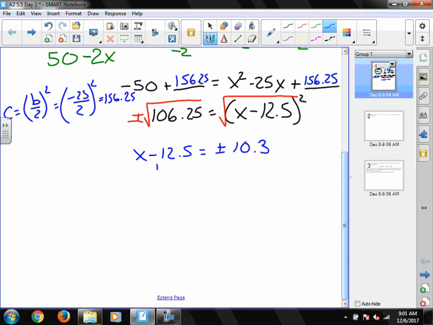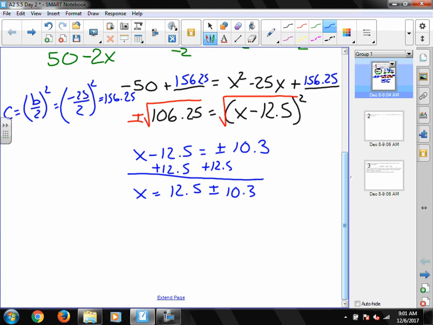And now to solve for x, we add our 12.5 to both sides. We end up with x is equal to 12.5 plus or minus 10.3.